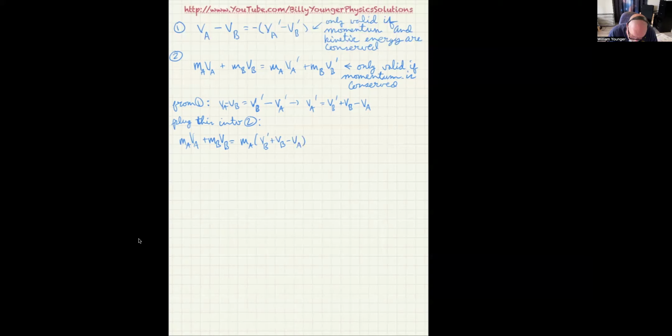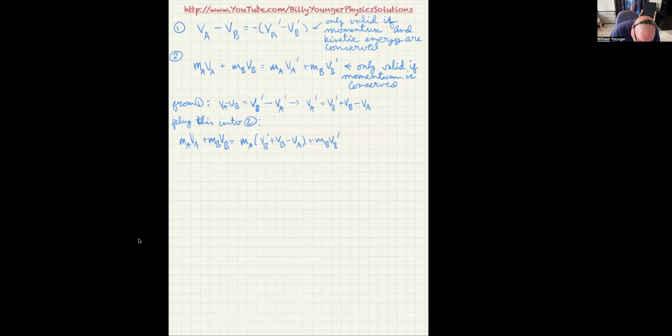So that's the expression that I used for VA prime. And I still have the other term from equation two, which is plus MB VB prime. So what I'm going to try to do is distribute everything, get all the VB primes on the right-hand side and everything else on the left-hand side.